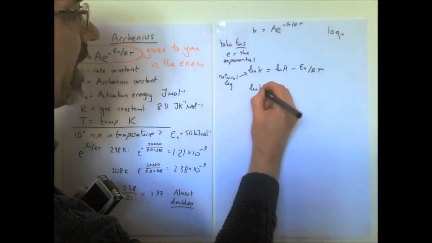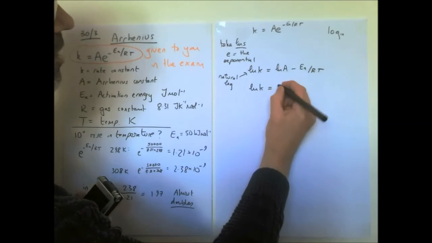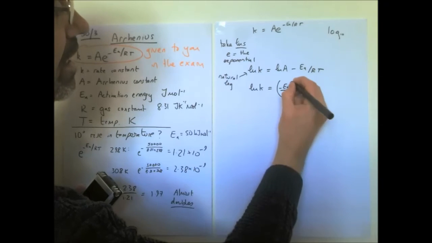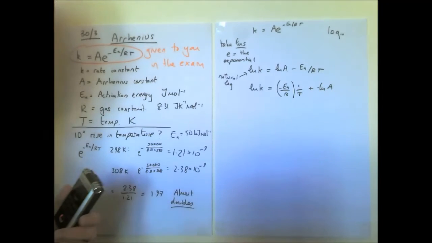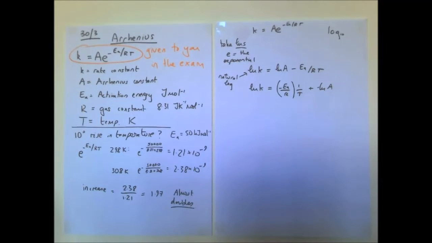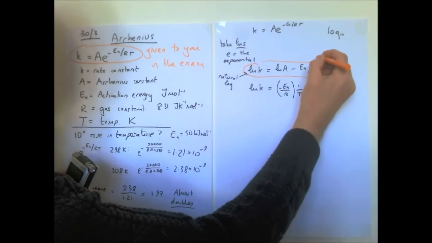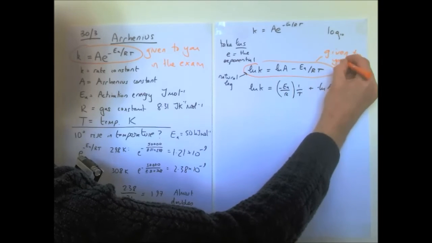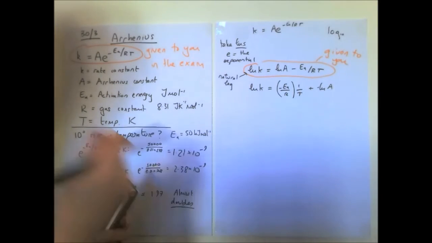Now I can rearrange that. So to say natural log of k is minus EA over R times 1 over T plus ln A. Again, they will give you this version of the Arrhenius Rate Equation in the exam as well, but they won't give you this one.